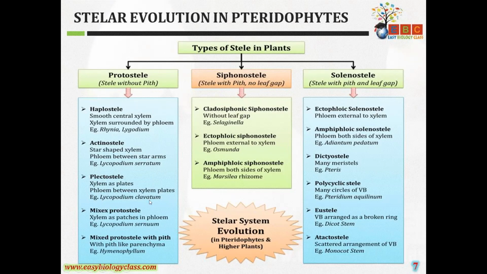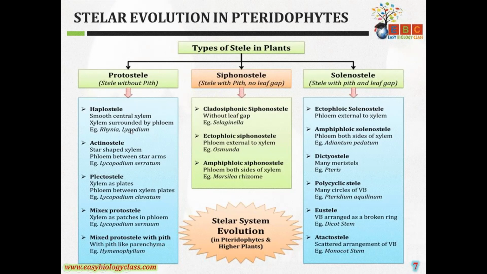An example is Lycopodium clavatum. So the variation is seen in Lycopodium species only: actinostele in serratum, and plectostele in clavatum, where the xylem is plate shaped. Then the mixed protostele, where xylem is present as patches in the phloem. An example for this is Lycopodium cernuum. Next is the mixed protostele with pith. Generally pith is absent in protostele, but here pith-like parenchyma cells are present. An example is Hymenophyllum.